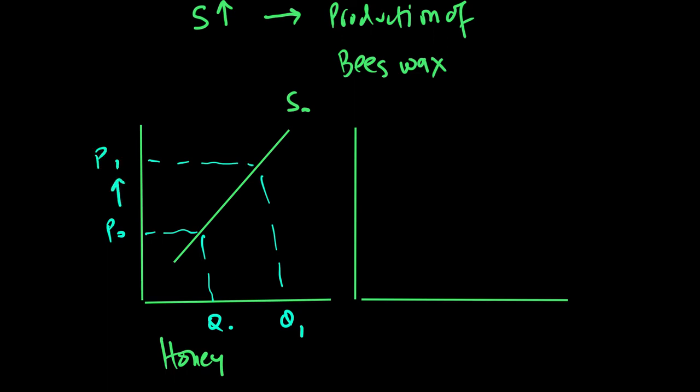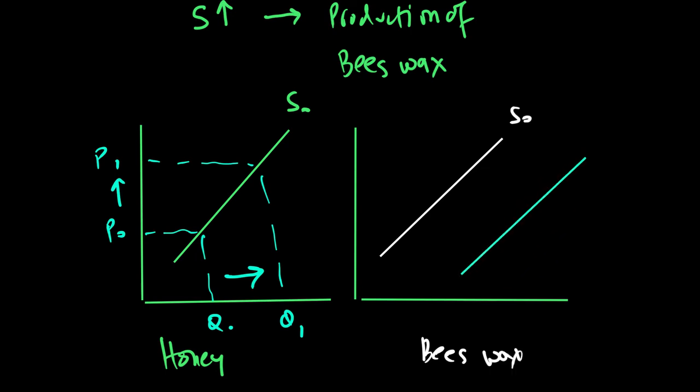So higher production of honey means that beeswax, which is a byproduct of it, will automatically be produced, and the supply curve for the beeswax industry will see a shift to the right.